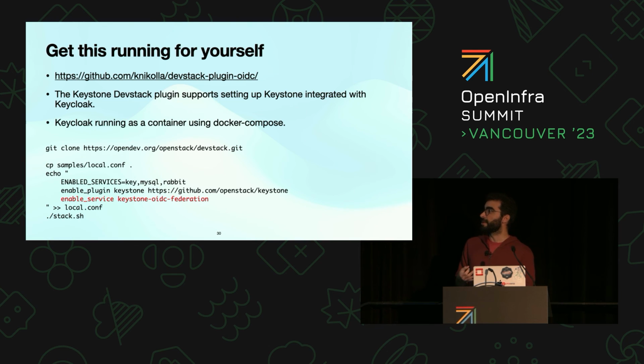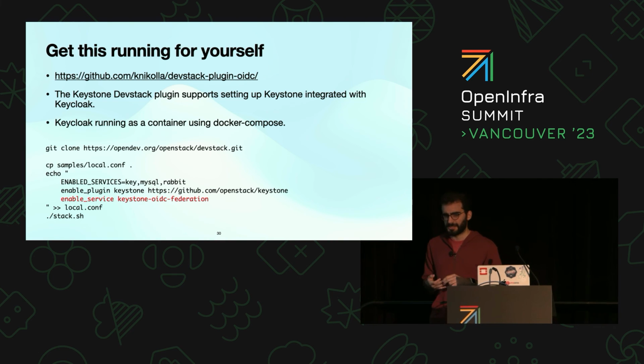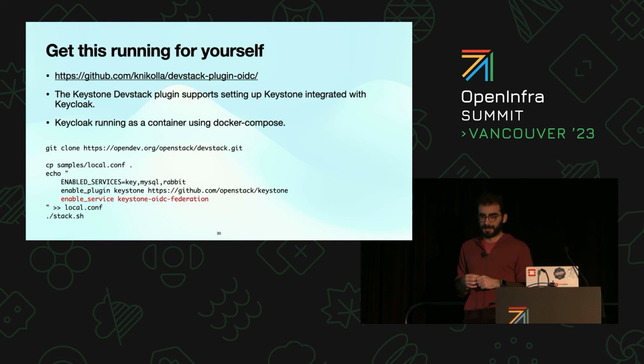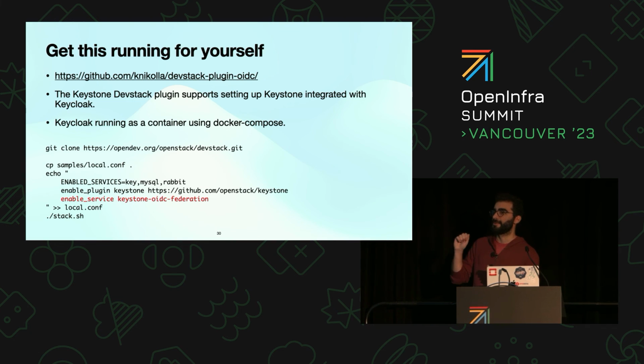We've also done work to integrate the above into the testing gate that Keystone uses. So you can also do this through the Keystone DevStack plugin rather than through a separate plugin, which is in my repo, and you probably don't trust me enough to run that.